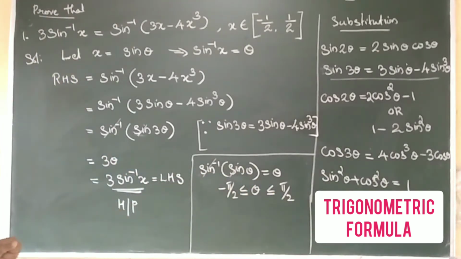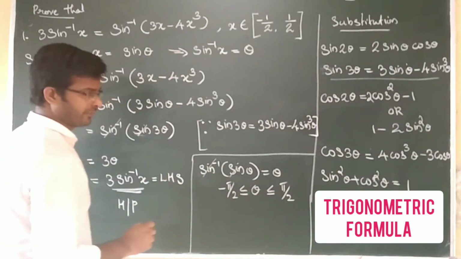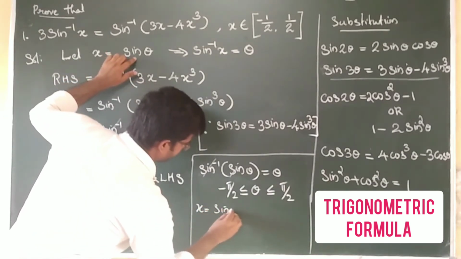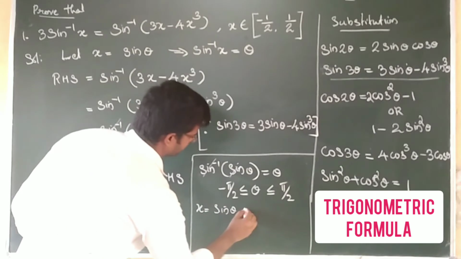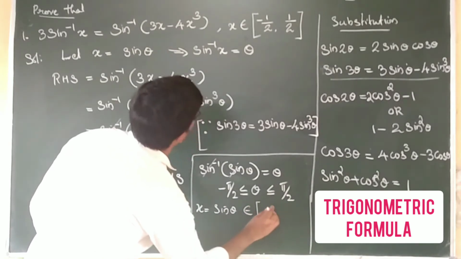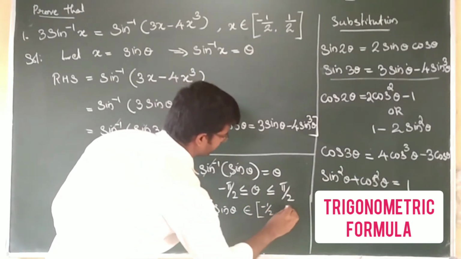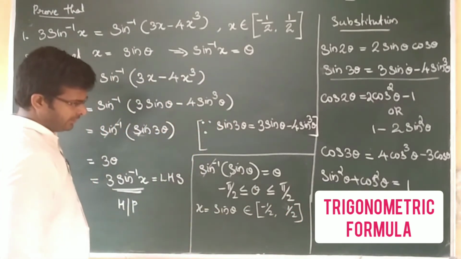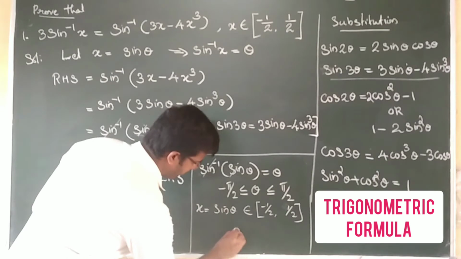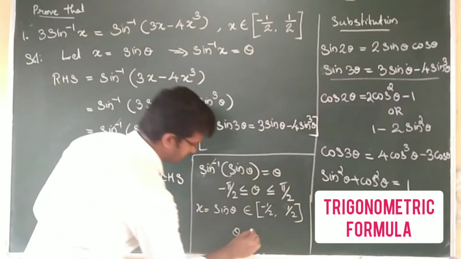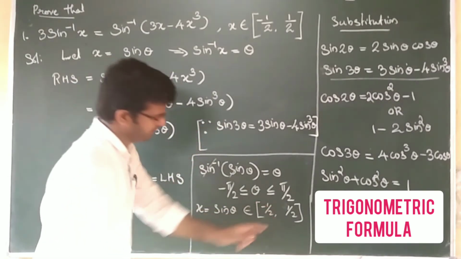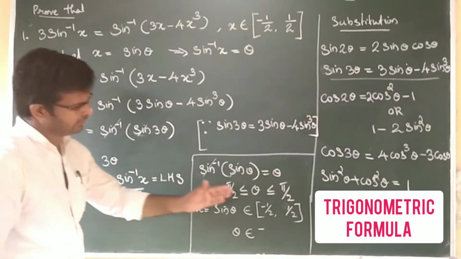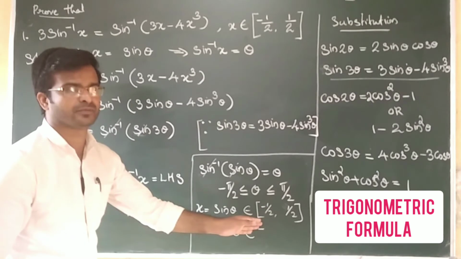Okay. Then here the x value is given, and we took x equals sine theta, which belongs to minus 1 by 2 to 1 by 2. Then what will theta be? What is the value of sine inverse 1 by 2? It is pi by 6, that is 30, since sine 30 is 1 by 2. Similarly, minus pi by 6 gives minus 1 by 2.